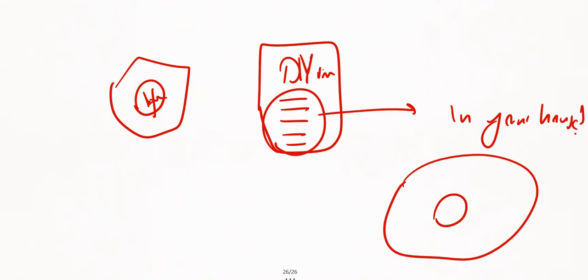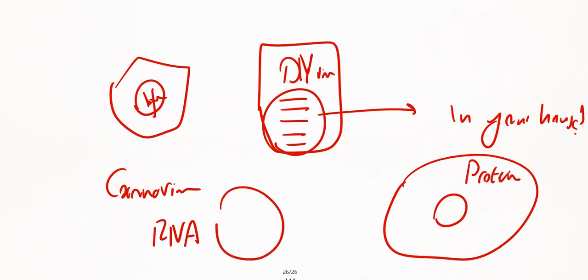So the cell should contain all of the tools and materials necessary to build the virus. In the case of the coronavirus, which is an RNA virus, we do have the tools to actually build the protein that the virus is made of from the RNA that is inside it.